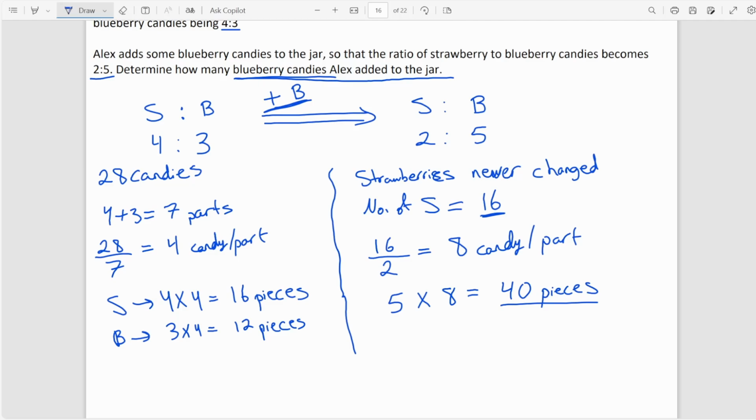The way to figure this out is, I know that I have 40 pieces now, and I previously had 12 pieces, so I will subtract 12, and we get 28. All right, so Alex added 28 pieces of blueberries.